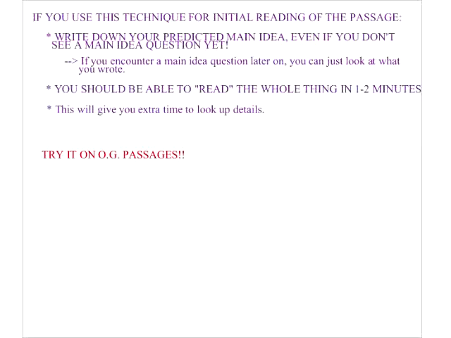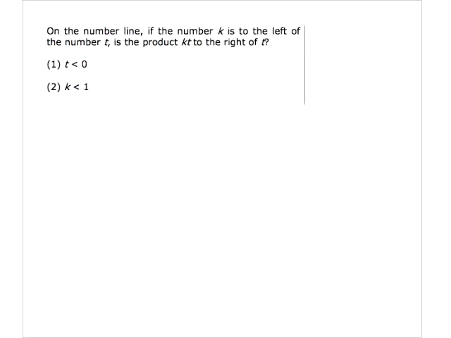Okay, try your hand at this problem. Switching gears. Try your hand at this. I'll give you maybe a minute 30, a minute 45. Problem's very short, so it shouldn't take that long. And please use the buttons to indicate an answer.